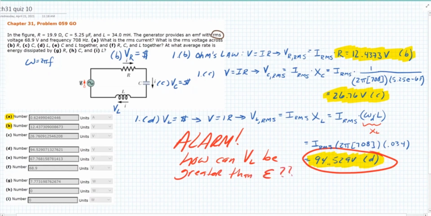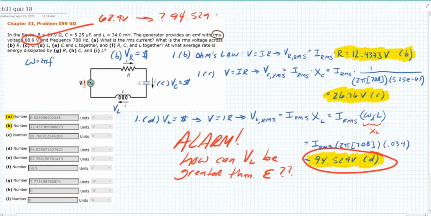You should look at this number, 94.529. For me, 94.529 is greater than my EMF voltage. My EMF voltage is 68.9. So if my energy source is providing 68.9 volts, how the heck can I get 94.529 volts across my inductor?